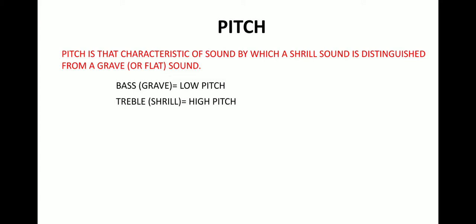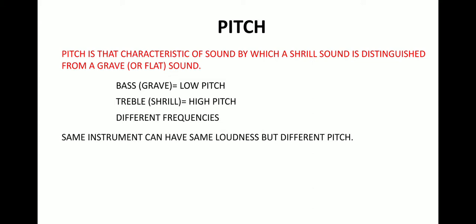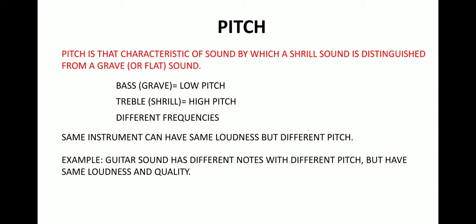The same instrument can have different pitches, although the loudness remains the same. For example, if you know how to play guitar, or any other instrument, a guitar can produce different notes, and all these notes are different because they are different pitches. So different notes with different pitch have the same loudness and the same quality.